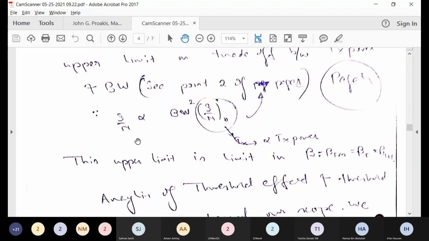Another angle of understanding: the signal to noise ratio at the output is directly proportional to the bandwidth expansion factor squared times the signal to noise ratio at the baseband level.